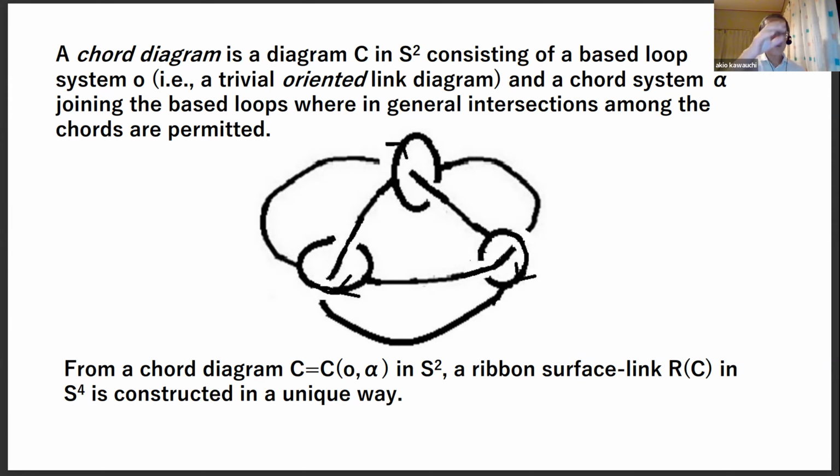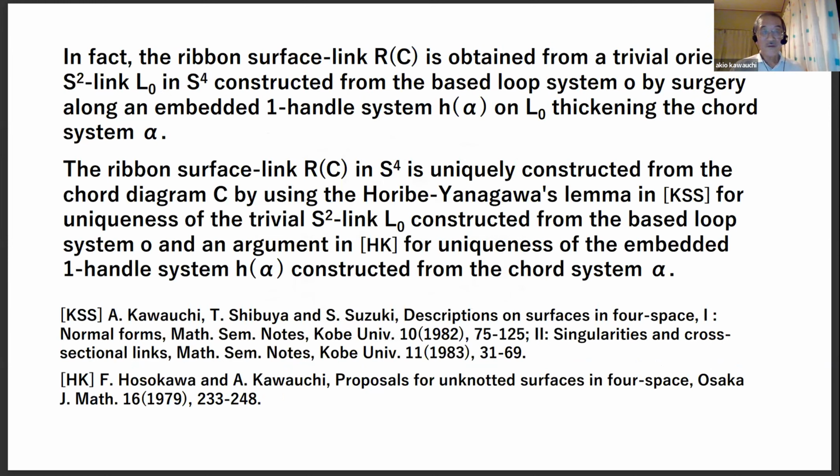Usually the bounding disks are not unique in three-space, but by the Horibe-Yanagawa lemma, the S2 link L0 is uniquely specified. Attaching a one-handle is just a thickening of the chord alpha_i in four-space. So it is an embedded one-handle, and the surgery gives a ribbon surface link.